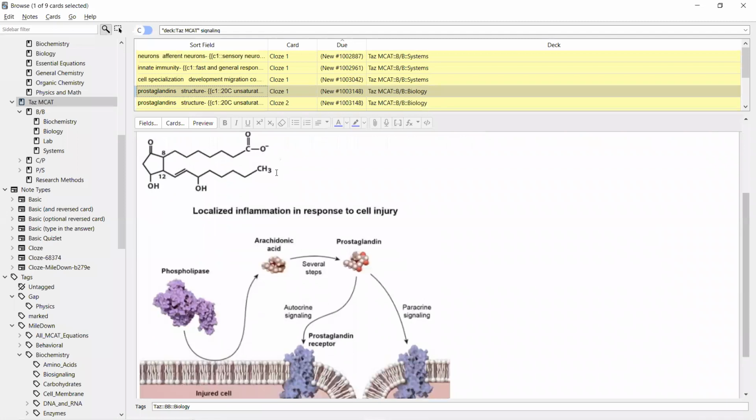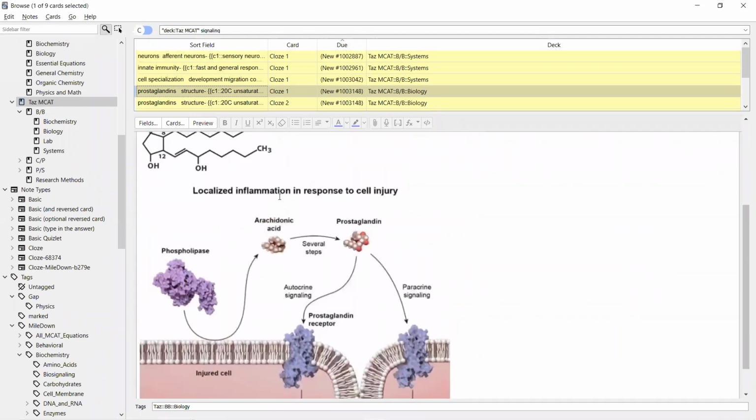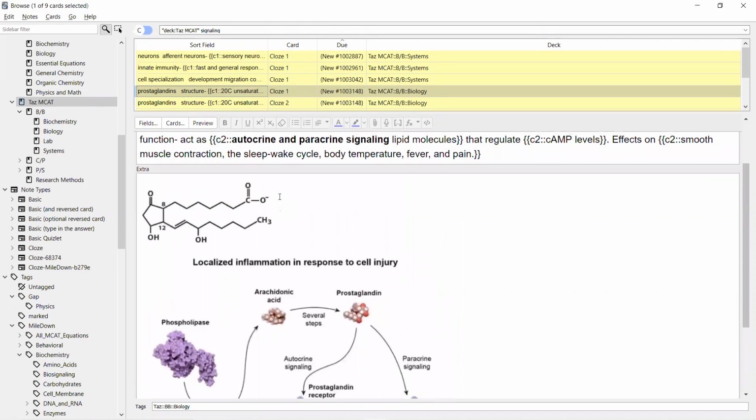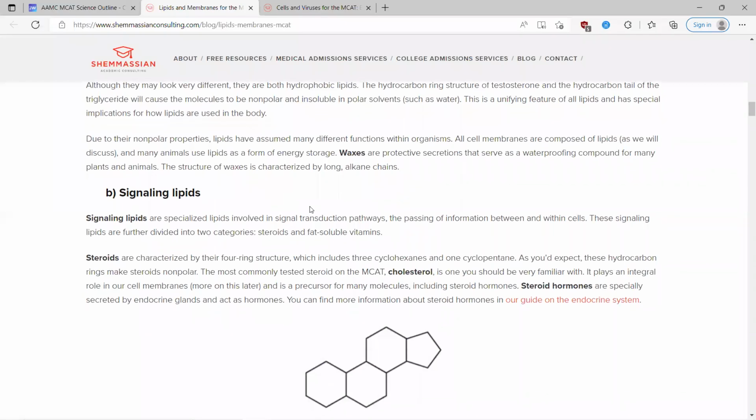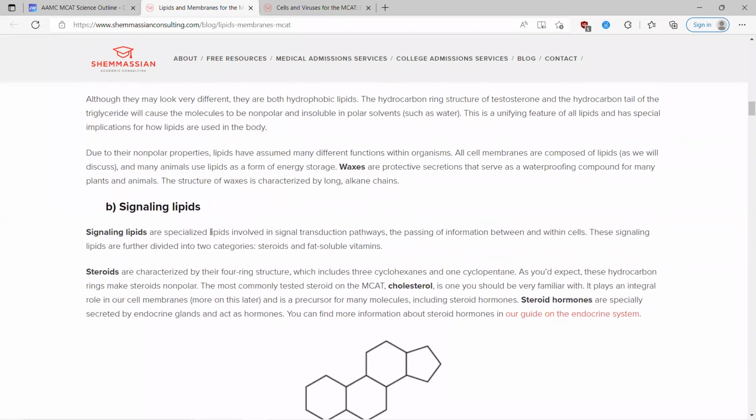So the signaling lipids are lipids that bind and cause a signal communication to happen.